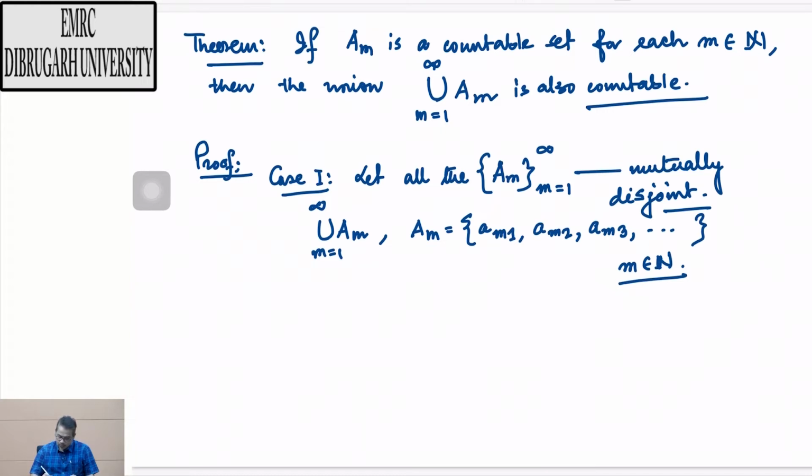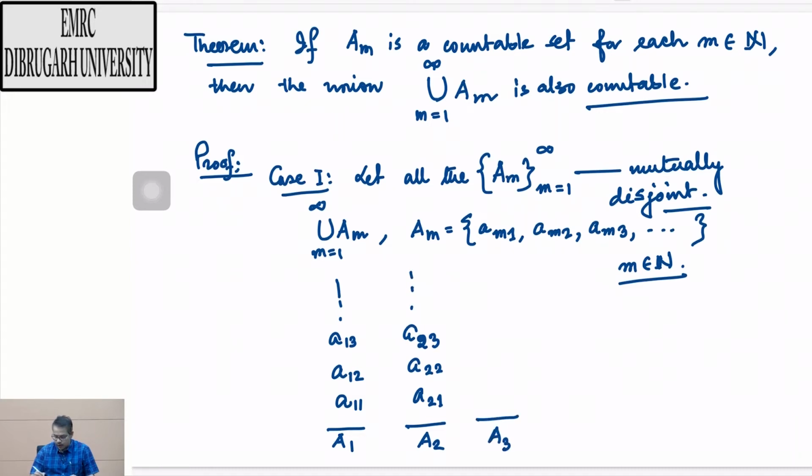Therefore, I can arrange the elements of A_1 as a11, a12, a13 and so on. Similarly, I can arrange the elements of A_2 as a21, a22, a23 and so on. I can arrange the elements of A_3 as a31, a32, a33 and so on, and this way I can arrange all the elements.